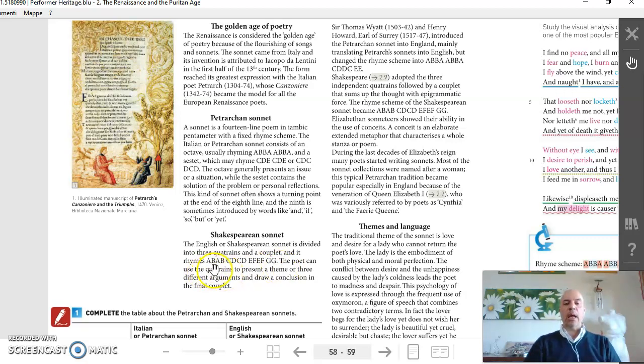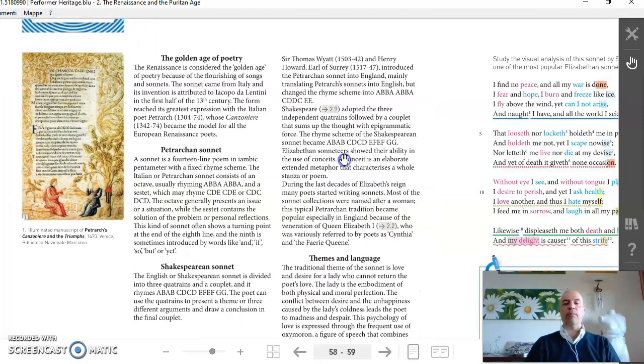The rhymes could be A, B, A, B, C, D, C, D, E, F, E, F, G, G. Usually the poet, Shakespeare in particular, uses the 3 quatrains to present the theme, an argument, a topic, and in the final couplet there is the resolution, the conclusion of the problem.